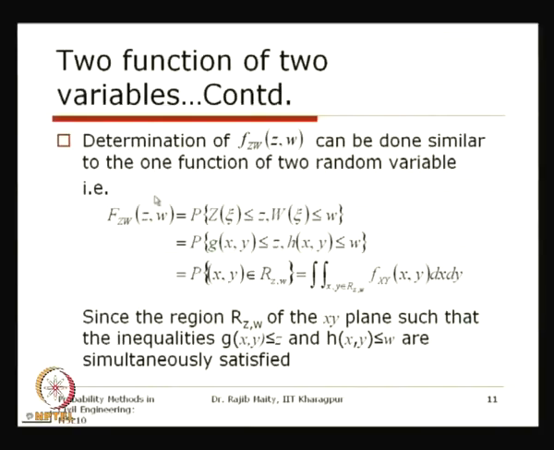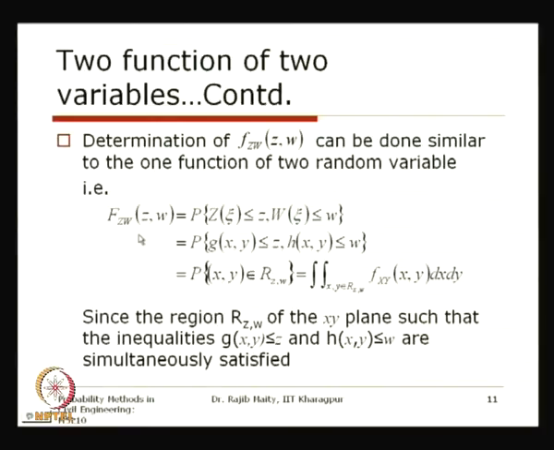So this is straightforward in the sense that this is the fundamental concept, which was the same even while discussing one function of two random variables. The only thing is that there the resulting function was one dimensional, for a single random variable.